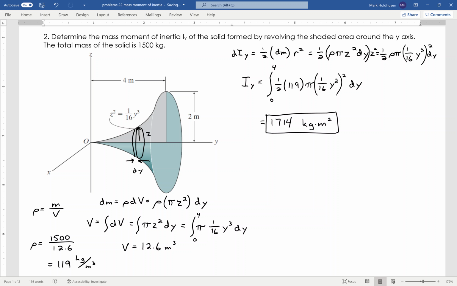I forgot that the first time, so I throw that in again. Simplifying a little bit and getting everything in terms of y, I get y cubed over 16, squared, and that's because I've got z squared squared. Then from that, I can plug everything in and do an integral from 0 to 4, because I'm integrating with respect to y, to find the mass moment of inertia of this solid.